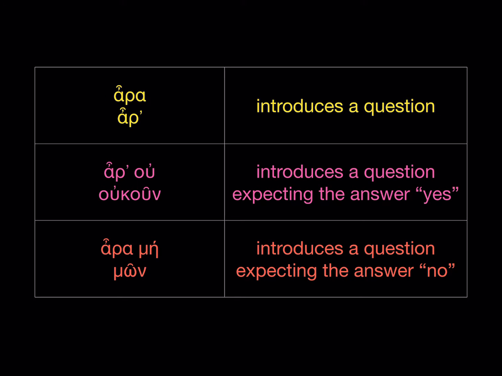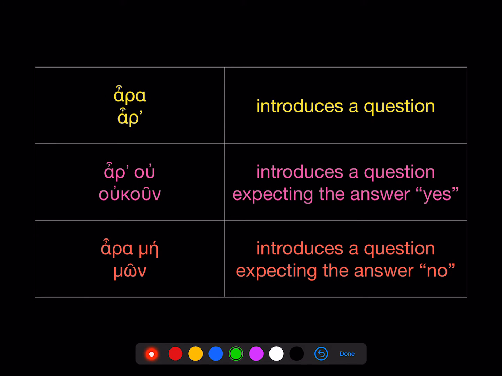There are other words we could use to introduce direct questions. Now, since the very beginning, since we first learned that this could be a Greek question mark, we've been coming to the ends of sentences and saying, oh, wait, that was a question. But you can actually warn people that you have a direct question coming in the beginning of the sentence by using the words ara or ar before a vowel.